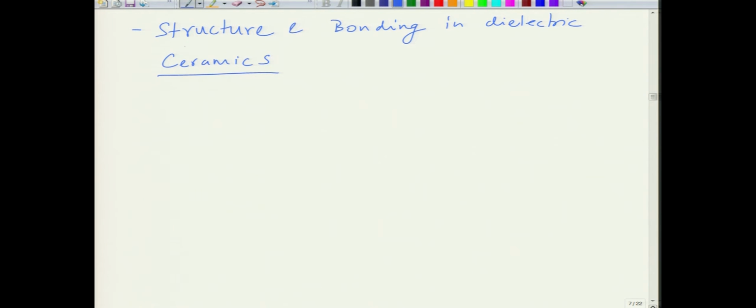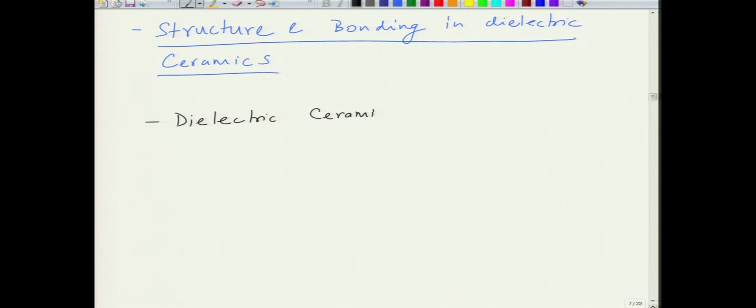So, the first module, the first week that we are going to discuss, is going to be on structure and bonding in dielectric ceramics. Now, dielectric ceramics are mostly oxides.